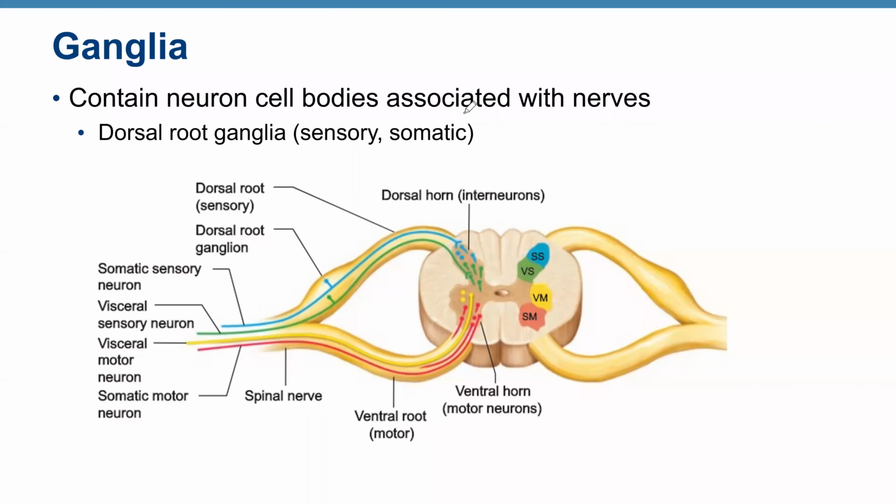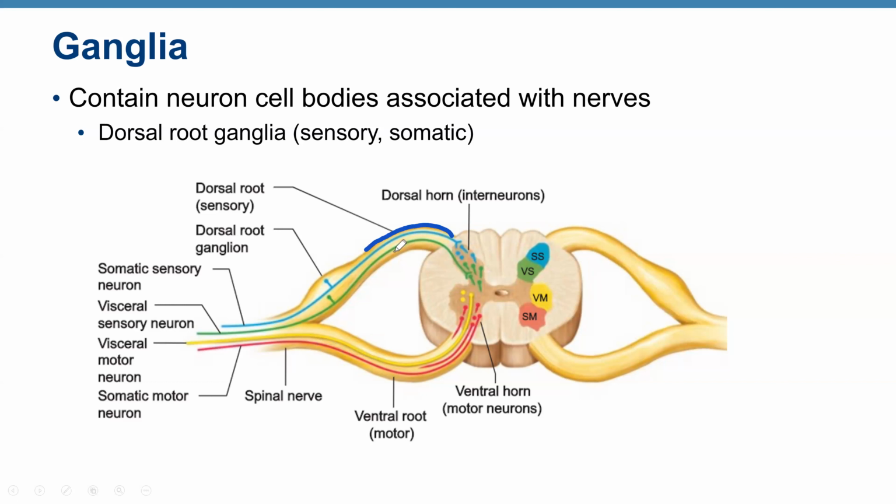Now, ganglia. Ganglia contain neuron cell bodies associated with nerves. So if you look at this diagram, this is your spinal cord. On the front, in the anterior part of the spinal cord, you will find the structure called the ventral root. Inside this ventral root, you have fibers, axons of motor neurons. So they carry information away from the spinal cord.